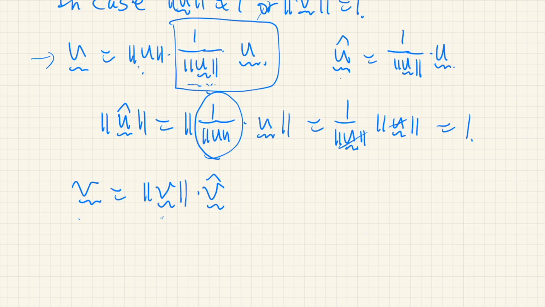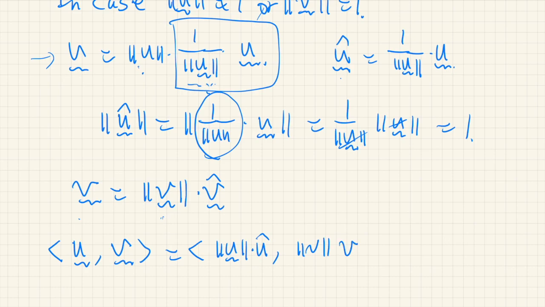So if we take the scalar product between these two, they can be written as u norm times u hat and v norm times v hat.